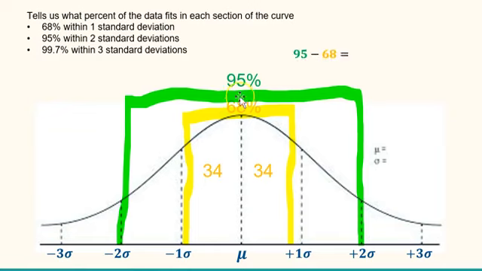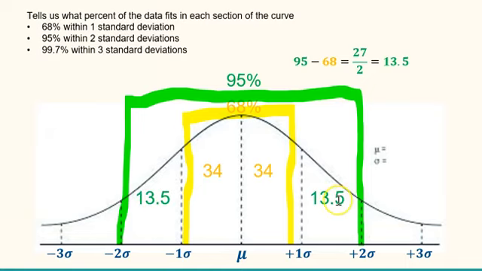So if I take my big green area and subtract my little yellow area, that will give me this section and this section together, and that is 27. So these two pieces have to equal 27%. And just like with the 68%, we know that they have to be equal because the mean cuts everything in half. So if I take that 27% and divide it by 2, that leaves me with 13.5. So each of these sections are 13.5% of the data.